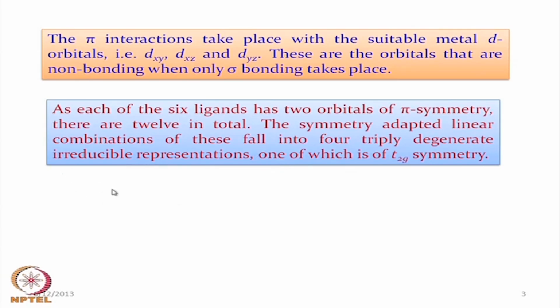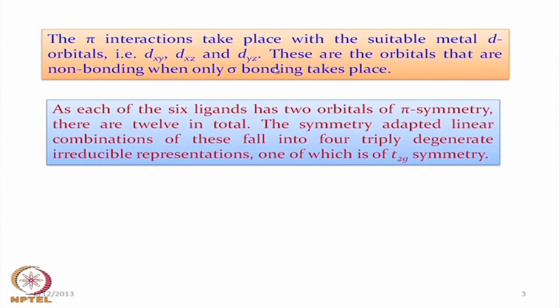So, one of the irreducible representations will be of T2g symmetry, that we can firmly predict from the corresponding symmetry level of these orbitals. What we all know in terms of crystal field theory or ligand field theory is that these 3 orbitals, which lie in between the 3 Cartesian axes x, y and z, have T2g symmetry.